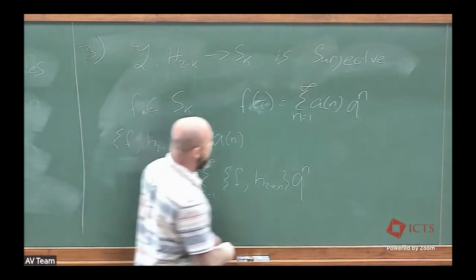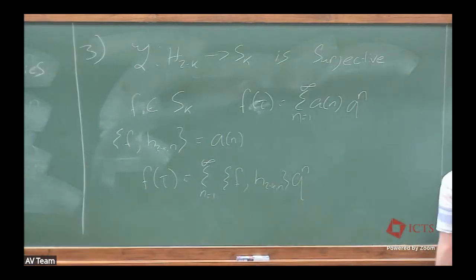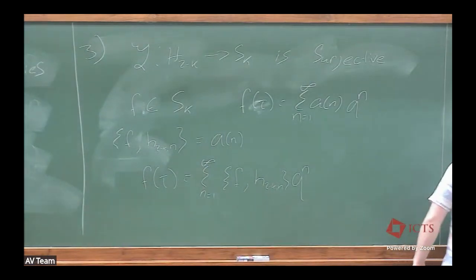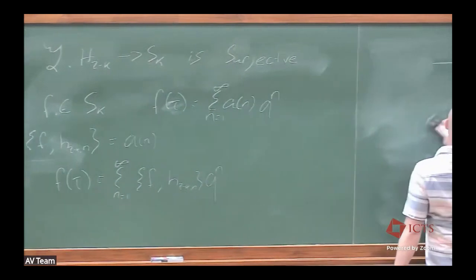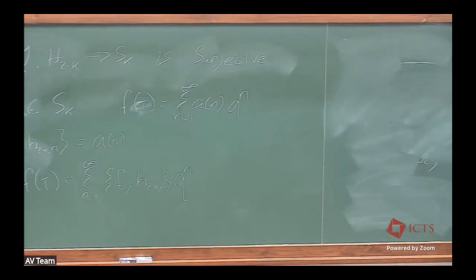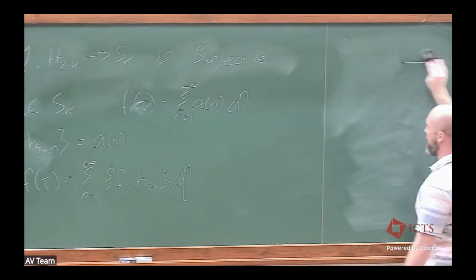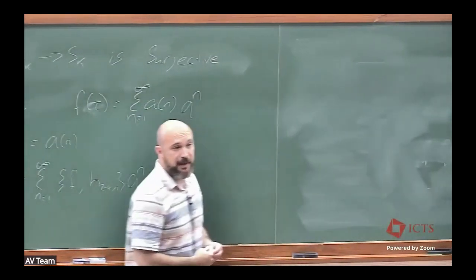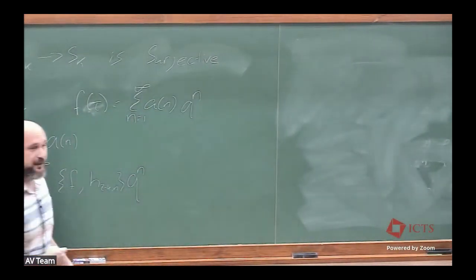Now the point here is if we assume that the Xi operator is not surjective, then I should be able to pick some cusp form that's orthogonal to the image.